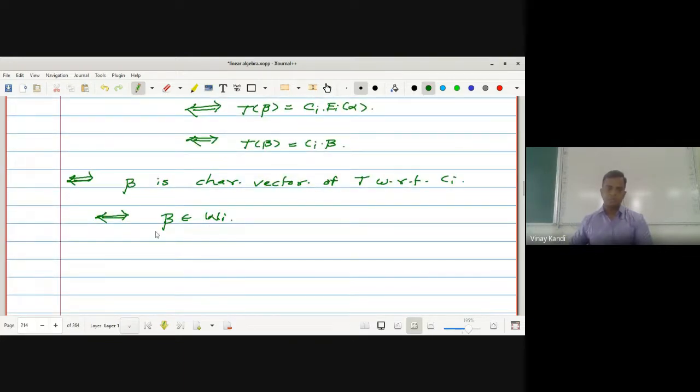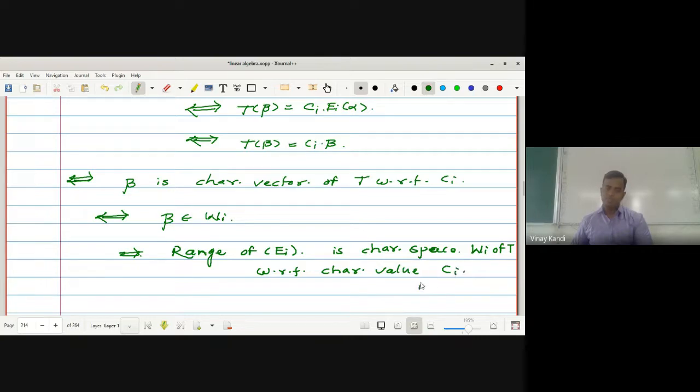This implies range of Ei is contained in the characteristic space Wi of T with respect to characteristic value Ci, for i running from 1 up to k. Therefore, the range of Ei is equal to Wi.